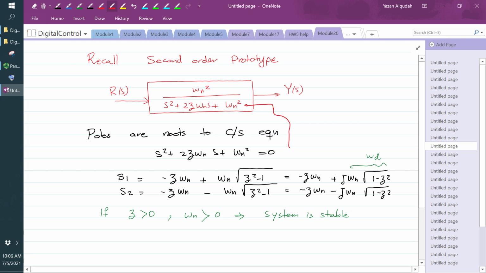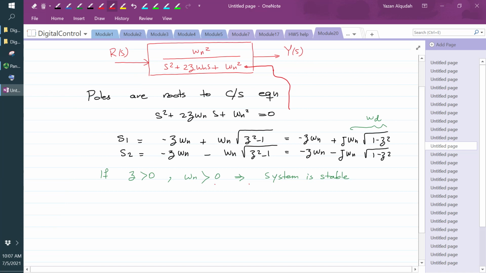And if I want this system to be stable, if zeta is greater than 0 and omega n is greater than 0, the system is going to be stable. How do I know that? Because for the system to be stable, the poles of the system have to be in the left half side. So if this is my S-plane, I want these roots to be somewhere in the left half plane.